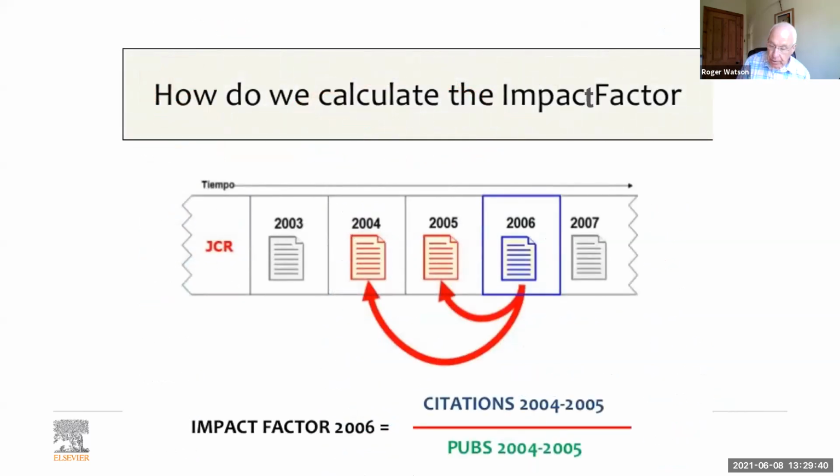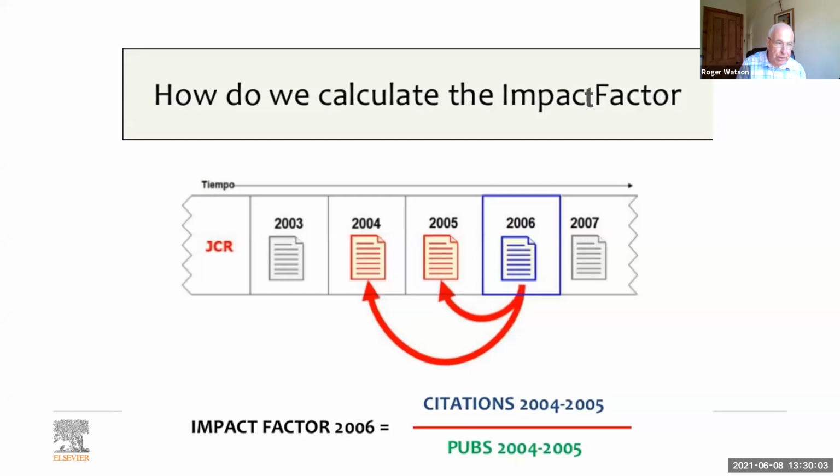So I just want to change the subject for a few minutes and look briefly at the impact factor, something that you may already know about, but I just thought that I would make sure that I clarified with you what the impact factor was. There are several measures of journal performance.